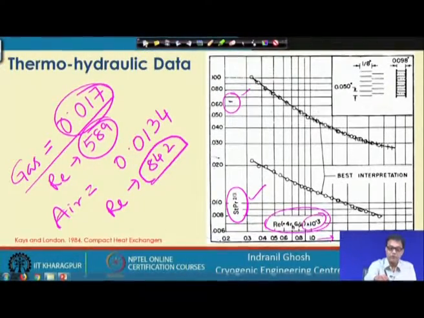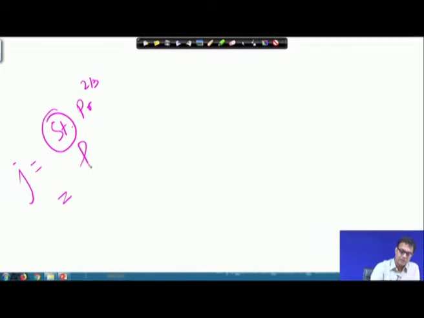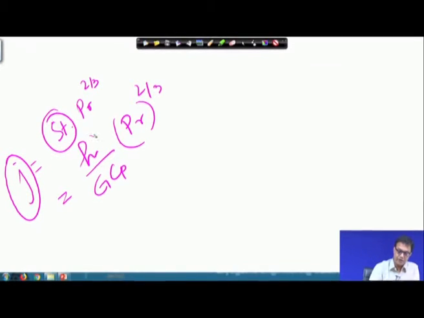Now, J we have seen is the Stanton number into Pr to the power 2/3, and the Stanton number is h by G Cp. Since we know J, and we have already estimated G, Cp, and Pr, all these values are known.